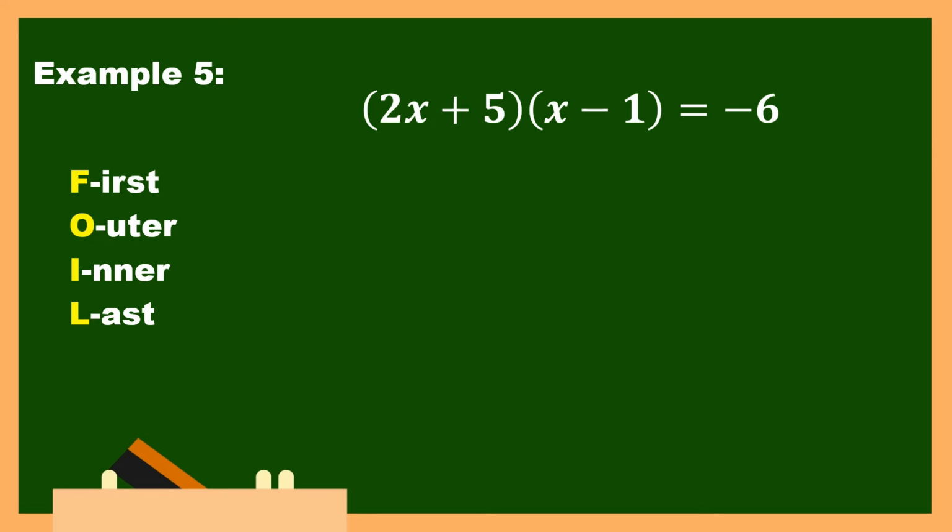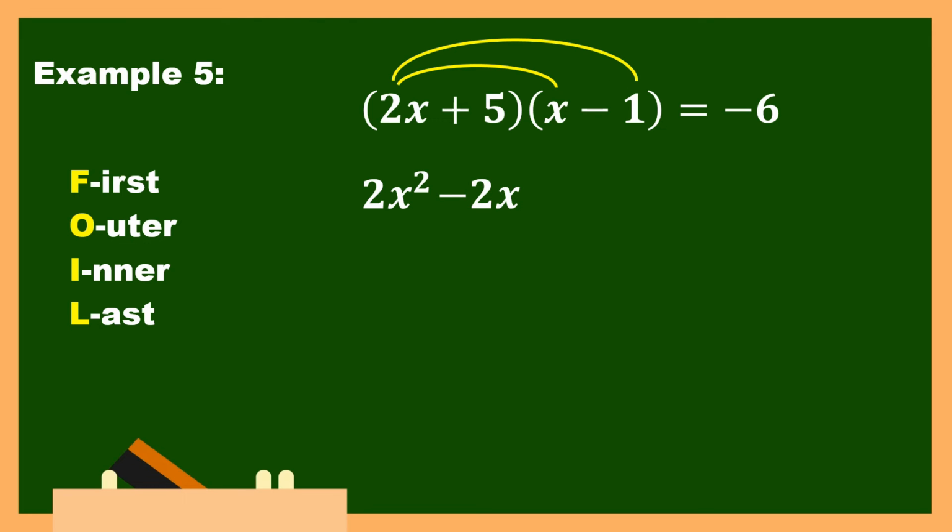Okay. I-apply na natin. So, in the first term, we will multiply both the first term, 2x and the x. So, 2x times x, the answer is 2x squared. And next, outer. Meaning, imomultiply natin yung first term dito natin na 2x to the outer term na negative 1. So, 2x times negative 1 is equal to negative 2x.